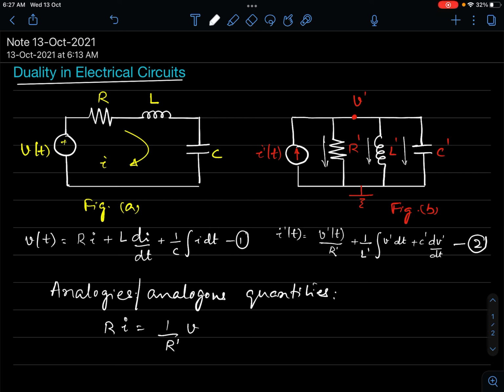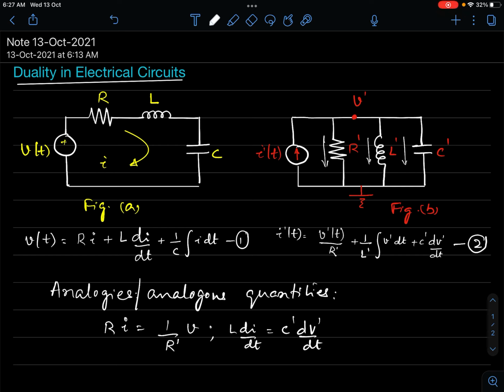This is one. Now, the second thing is, L di by dt in the first equation is analogous to C dash dV dash by dt.